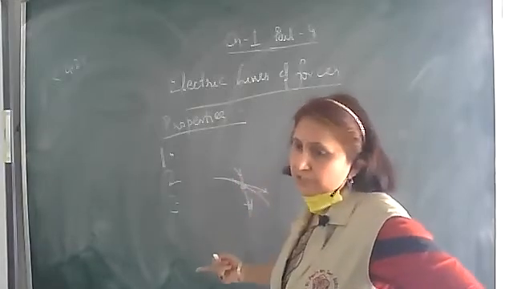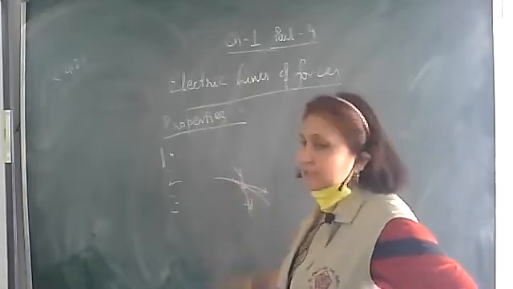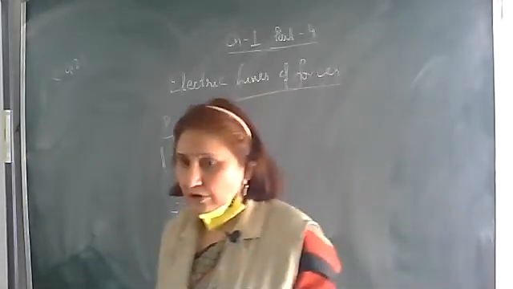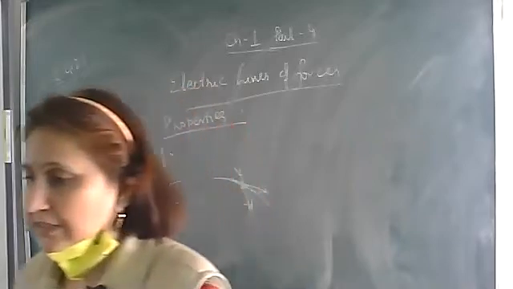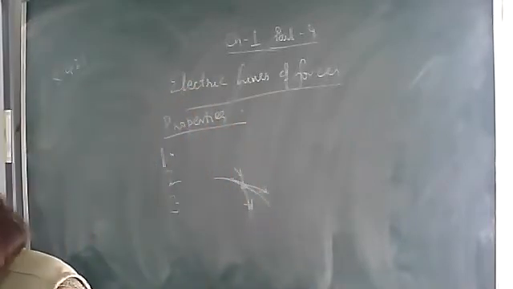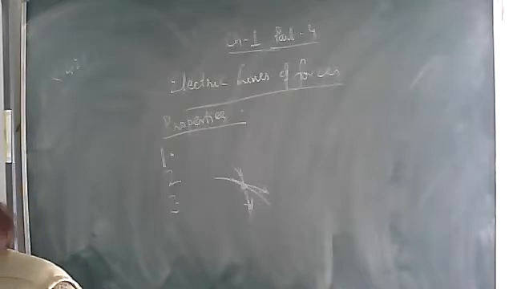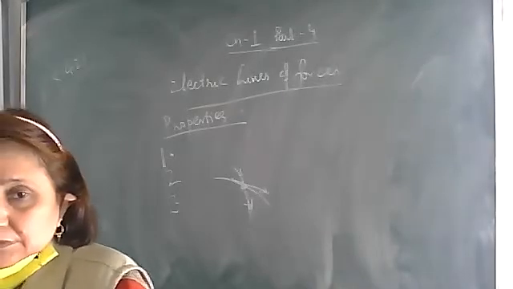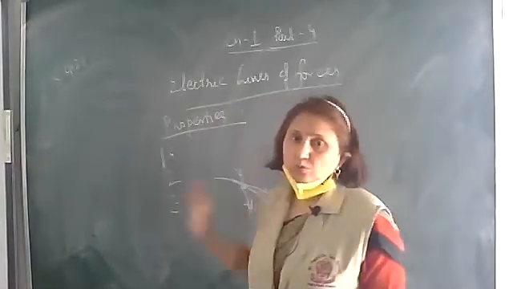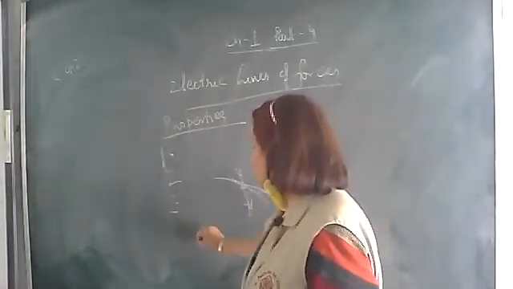Two directions, which is not at all possible. So complete that sentence: two directions of the electric field intensity, which is not at all possible. Okay, so that is why two lines of forces can never intersect each other. Write the next property.